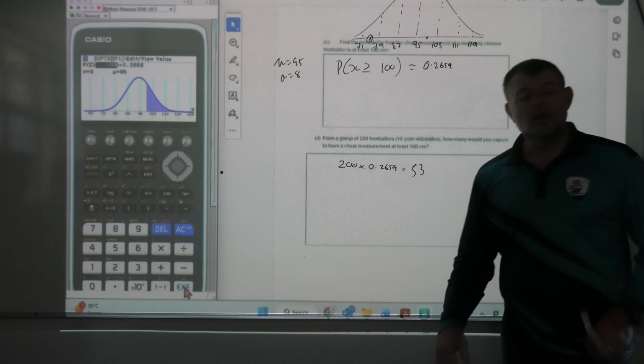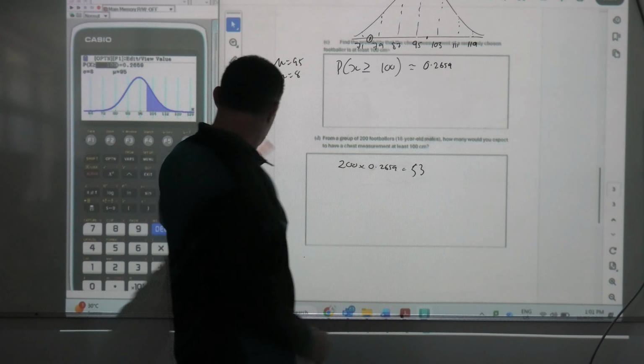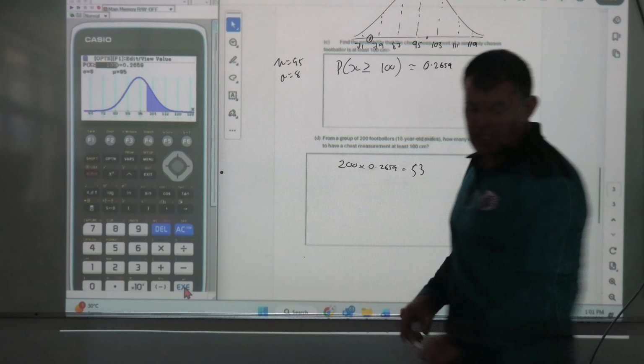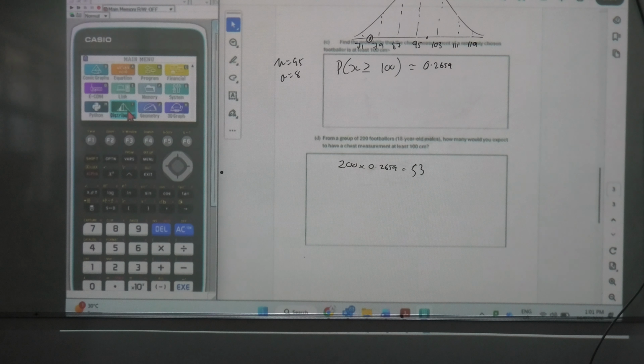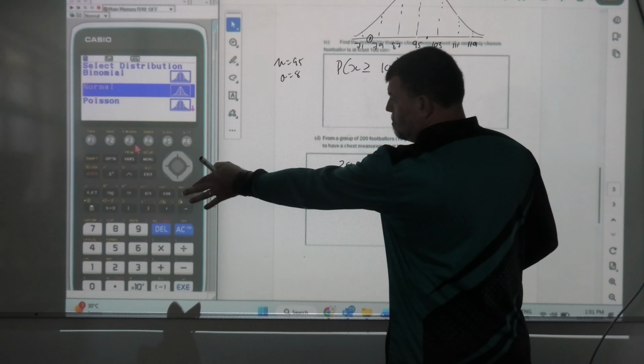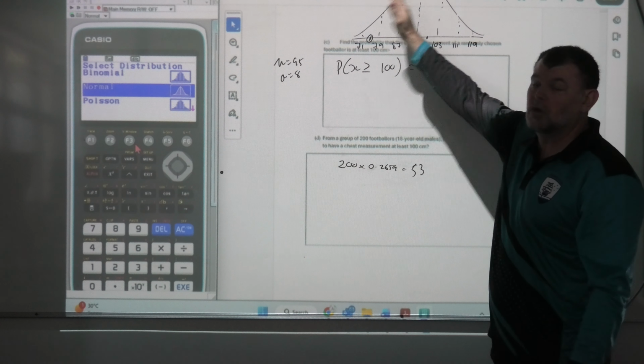All right. So when we're looking at normal distribution curves and using your calculator, we've looked at the function that you need to get to the calculator. So again, to get there, you would go down to distribution and then you press enter. And if we go exit, it should bring you up this page here. Whenever we're working with normal distribution, we need to make sure that our answer makes sense of what we would expect in the curve itself.